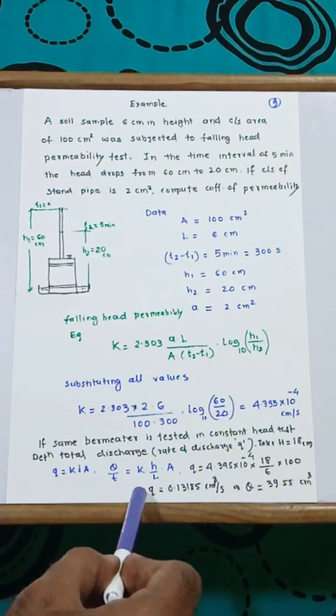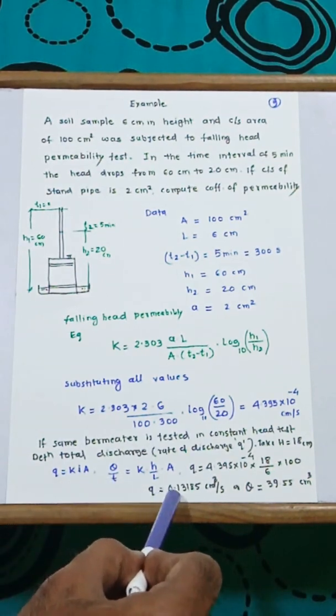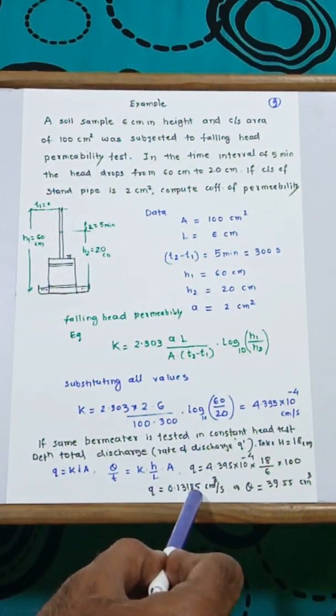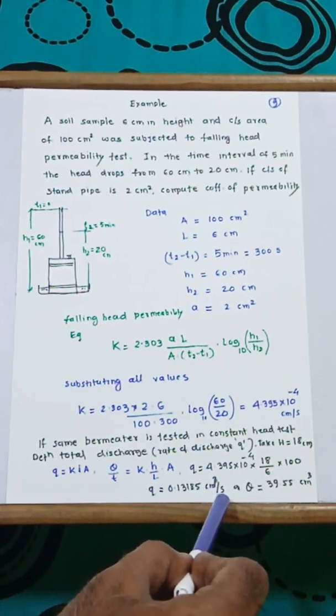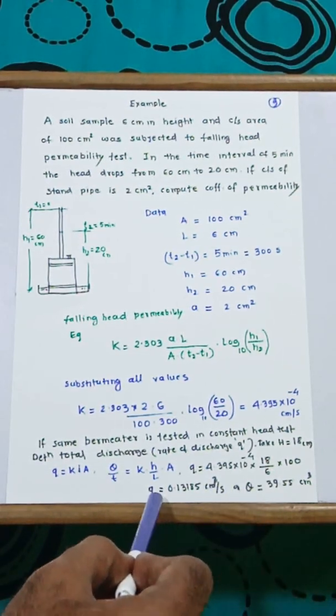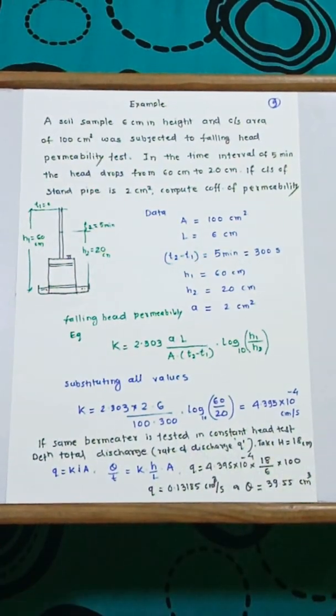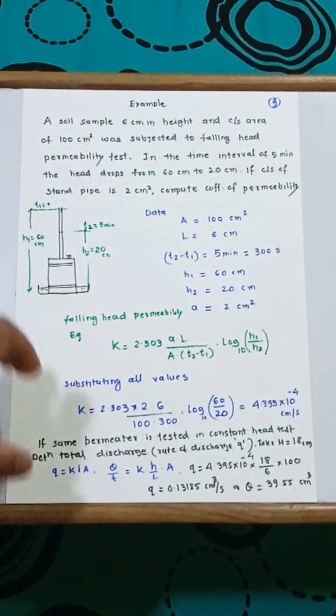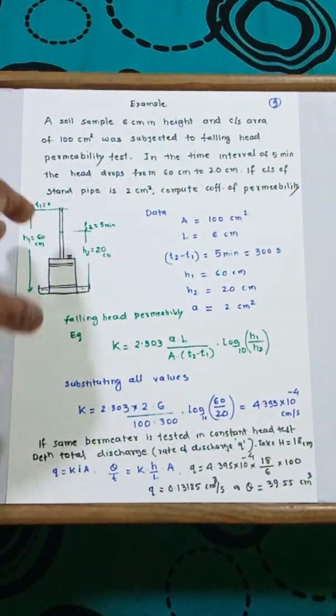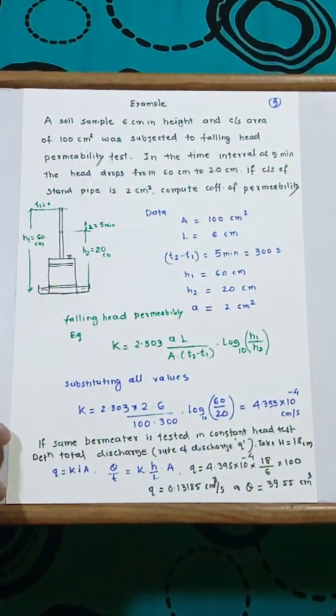So you get a discharge rate of 0.1385 centimeter cube per second, or multiplying by the time you get 39.55 centimeter cube. So this is how simple calculations can be done to determine the K value.